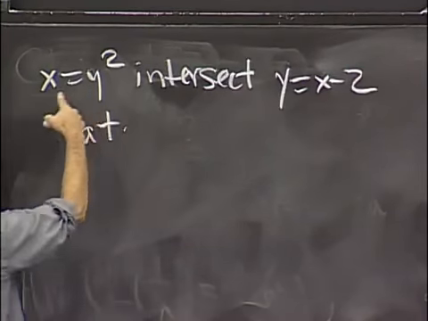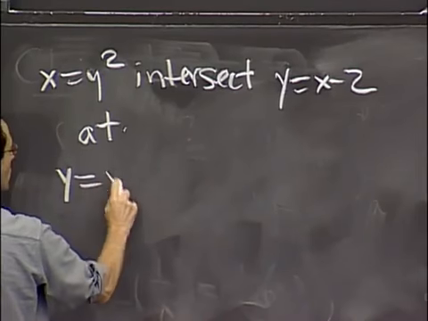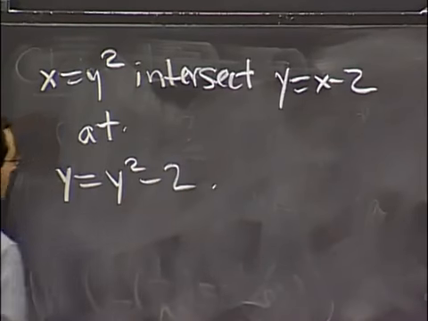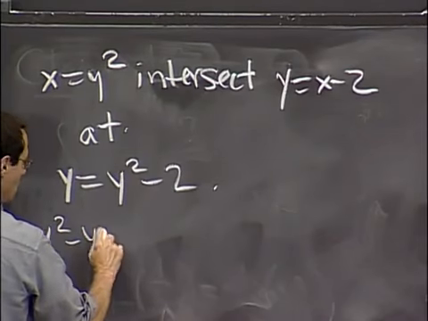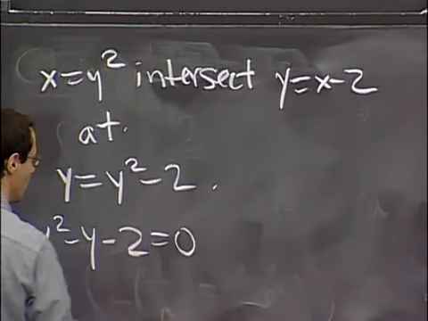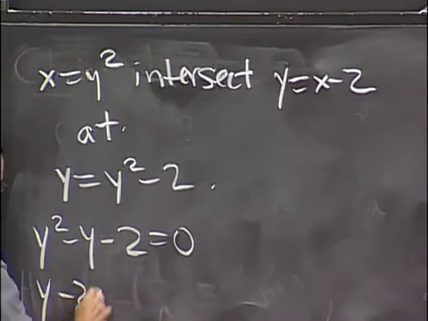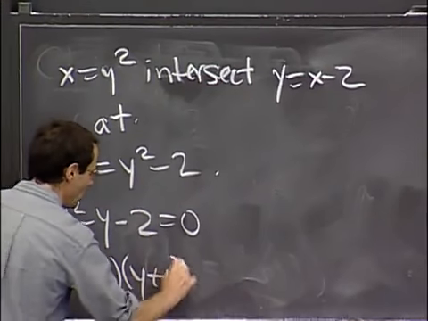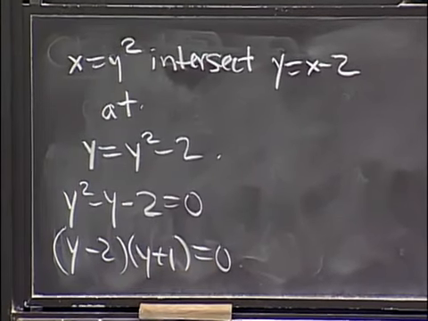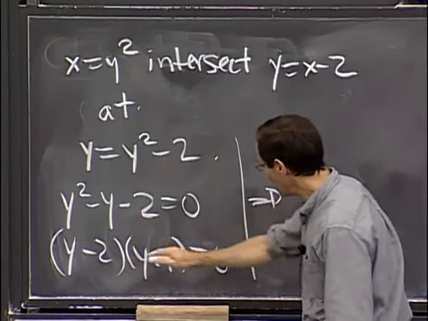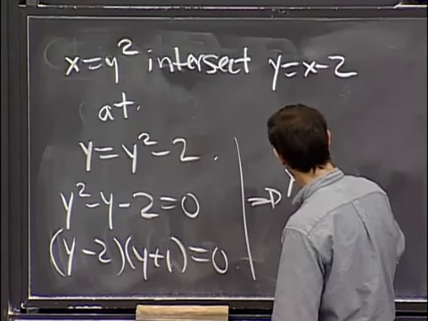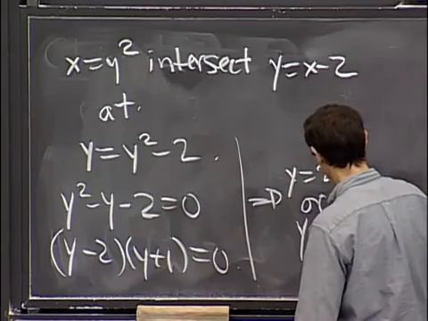Well, if I plug in x is y squared, I get y equals y squared minus 2. And then I can solve this quadratic equation. Y squared minus y minus 2 is equal to 0. So y minus 2 times y plus 1 is equal to 0. And this is telling me that y equals 2 or y equals negative 1.